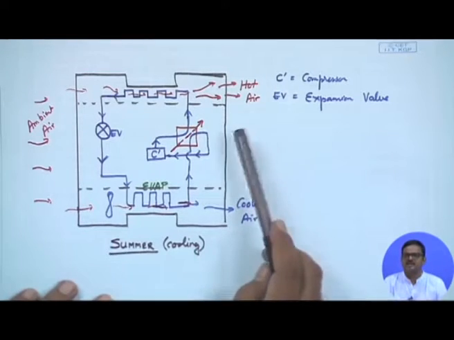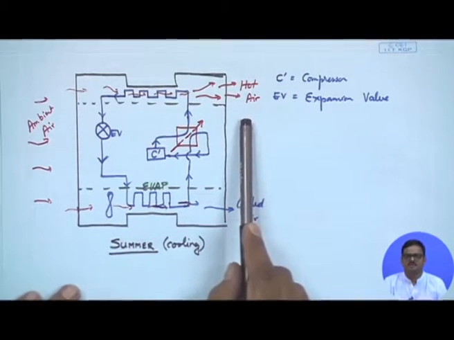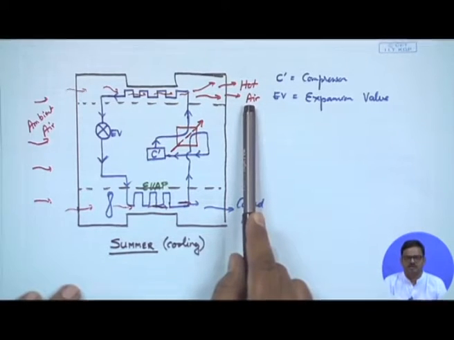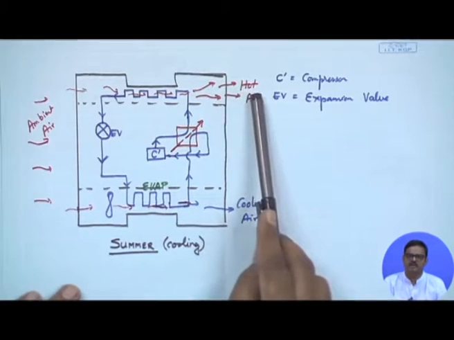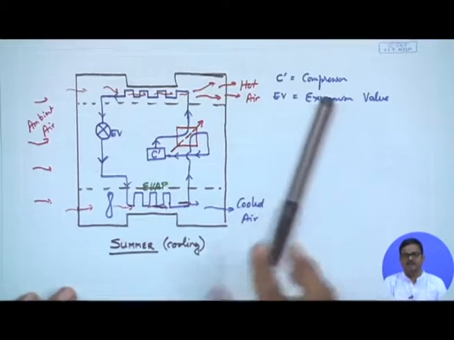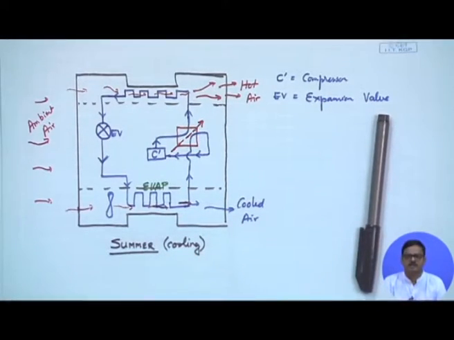Now remember, this heated air can be used for a lot of other purposes. If you are talking about a small industrial unit, this hot air can have a lot of applications. So on one hand we get cooling, on the other hand we also get heated air at high temperature, so it is high grade thermal energy which can be used for other purposes.